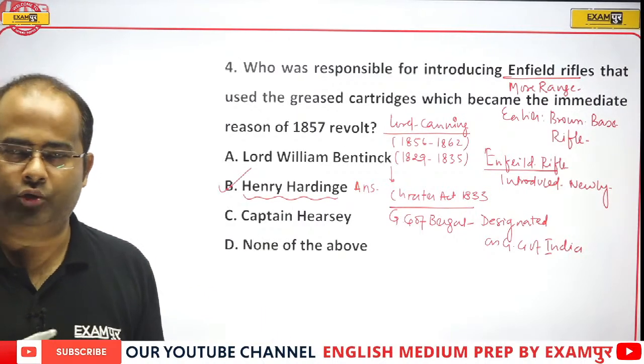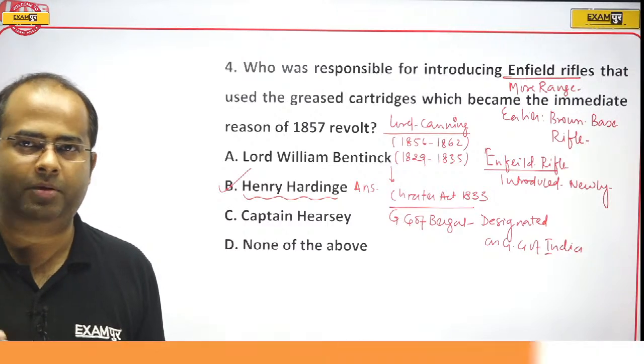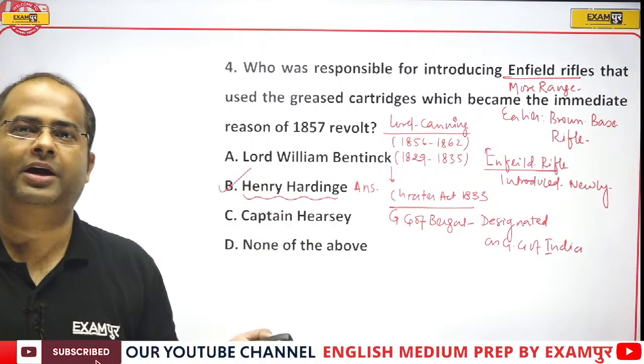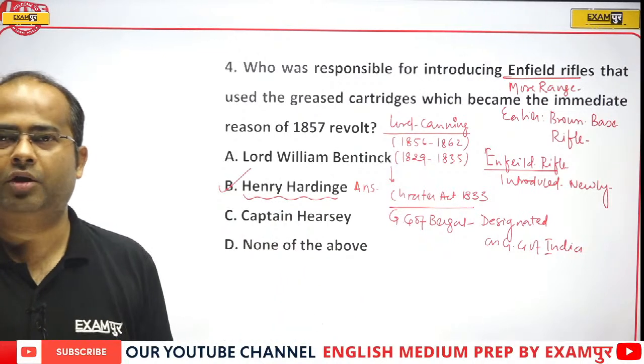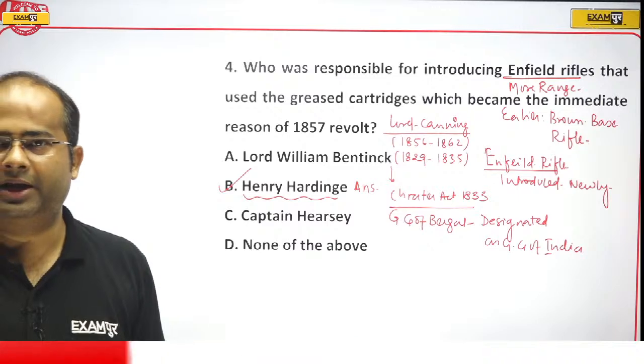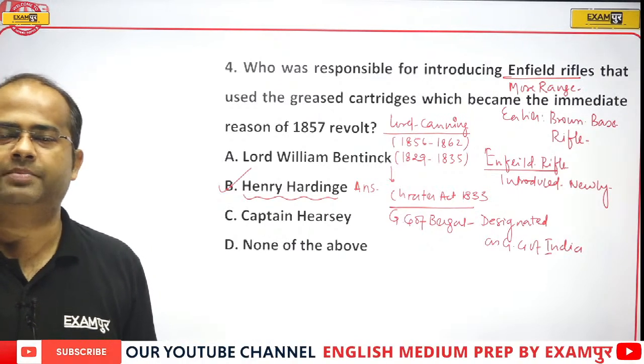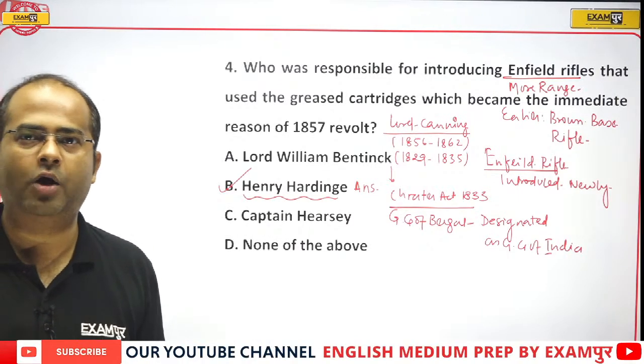You can note this question as well, because if this type of question comes, the use of the grease cartridge was the immediate cause of the revolt of 1857. The Hindu soldiers were against the cap of the bullet, as it was said to be made of the fat of cow and pig.